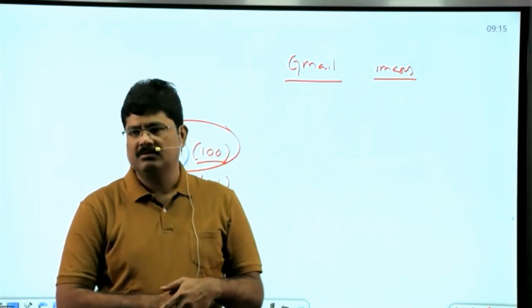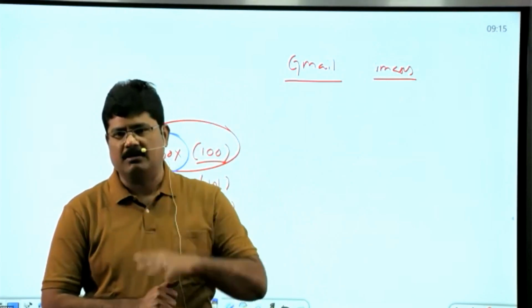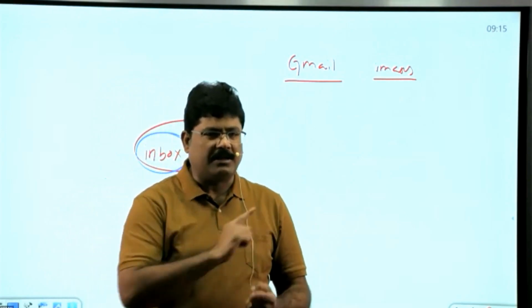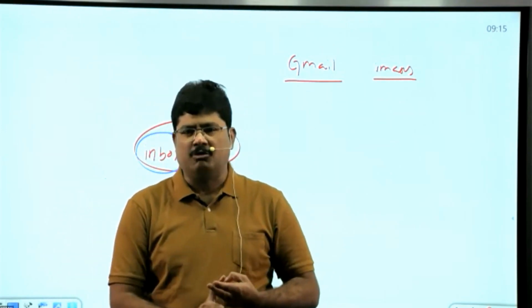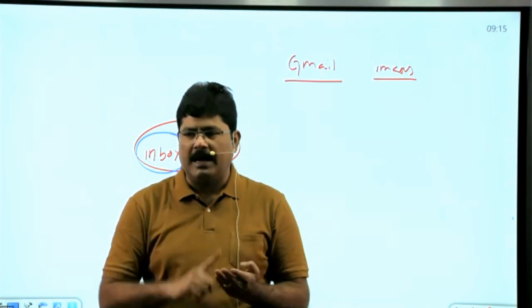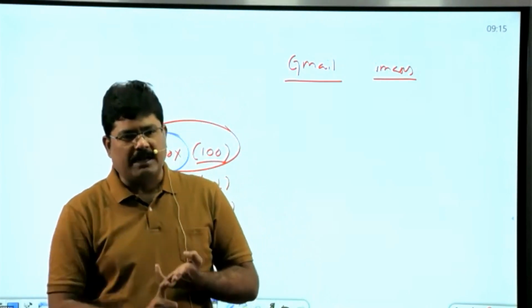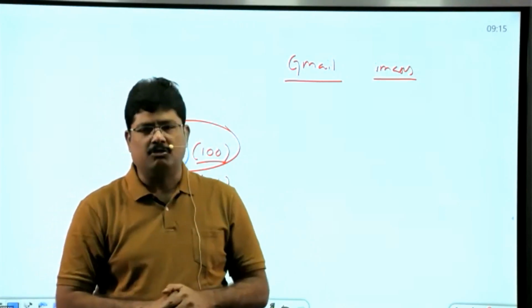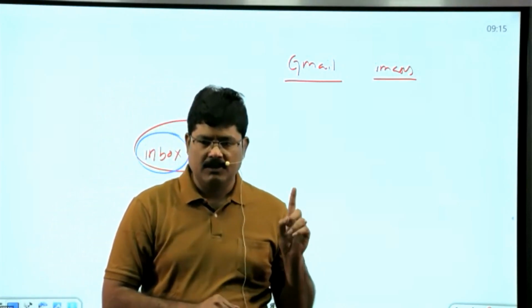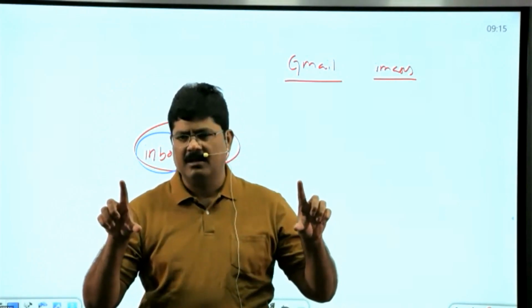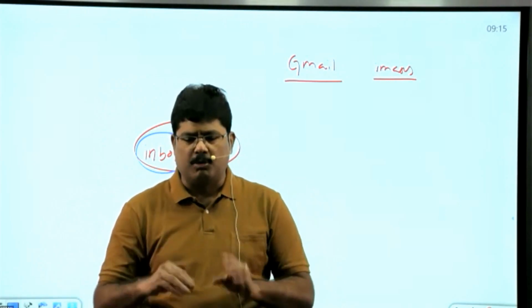What is that? XPath. Any property of the element you can configure in XPath. SRC I can use, href I can use, value I can use, title I can use, placeholder I can use, height I can use, weight I can use, any property you can use, including ID and name. They gave only one syntax. Whatever property you want to use, follow the syntax.